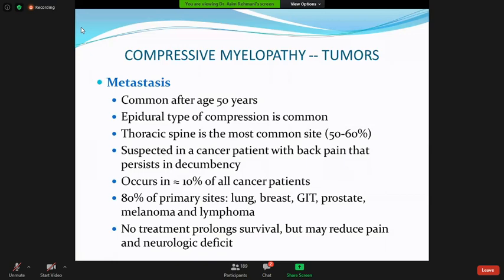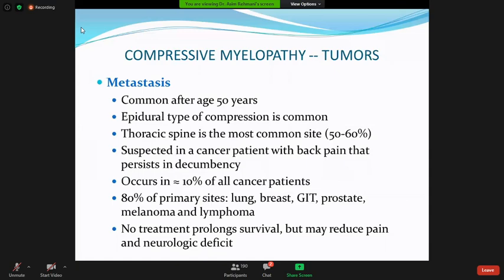The common primary sites are lung, breast, gastrointestinal tract, prostate, melanoma, lymphoma, or multiple myeloma.